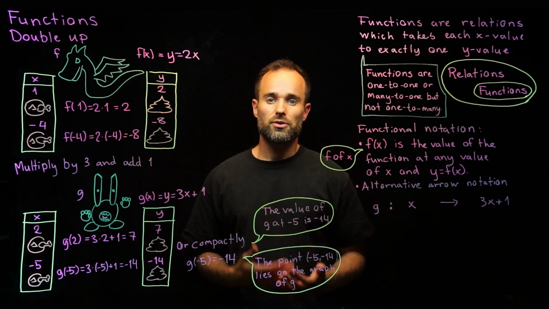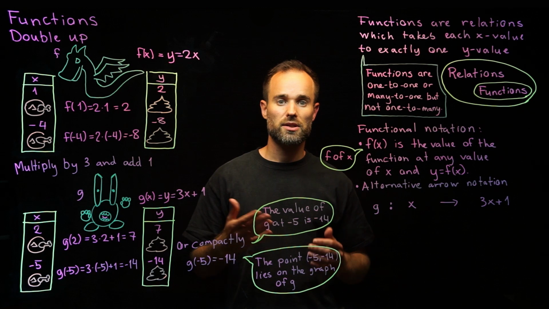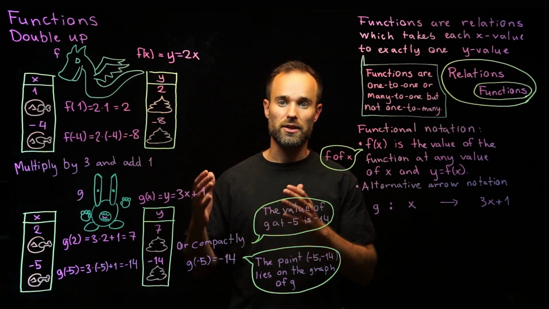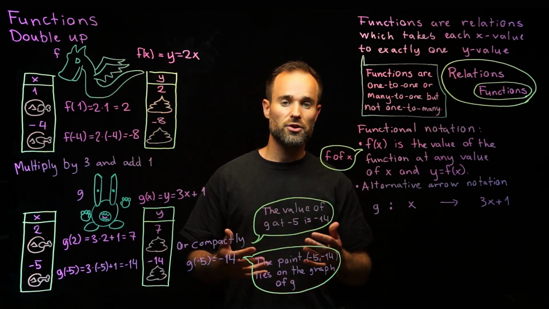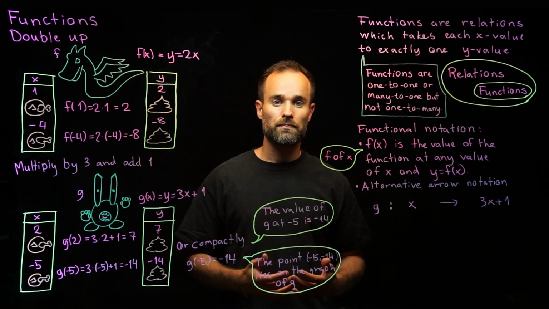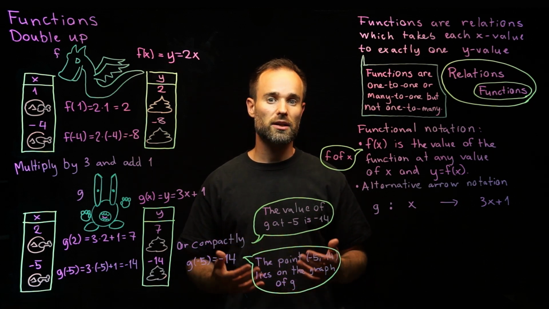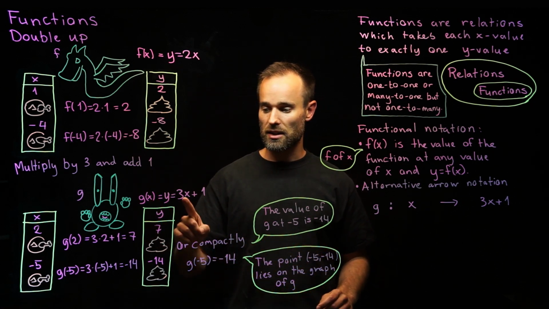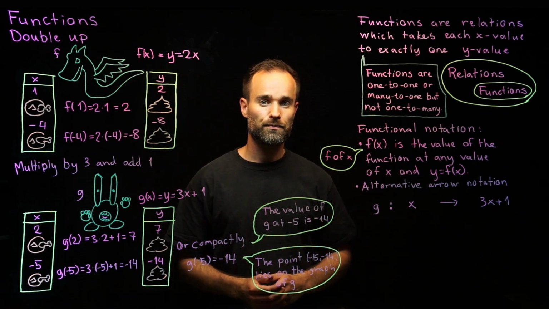It can be useful to think of functions as so-called mappings, which take a value from the domain to exactly one number in the range. The function value is an image of an x value, and an alternative way of expressing the function g of x equals 3x plus 1 is using arrow notation.